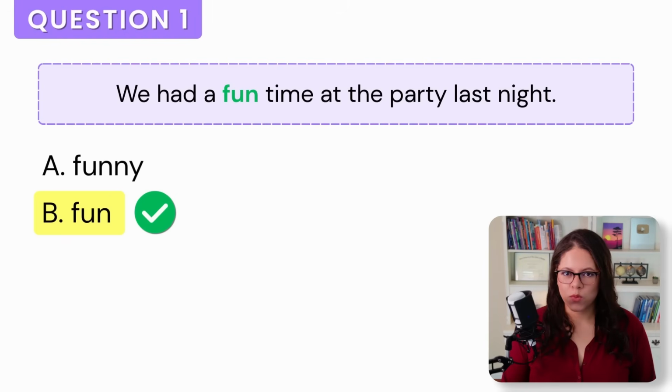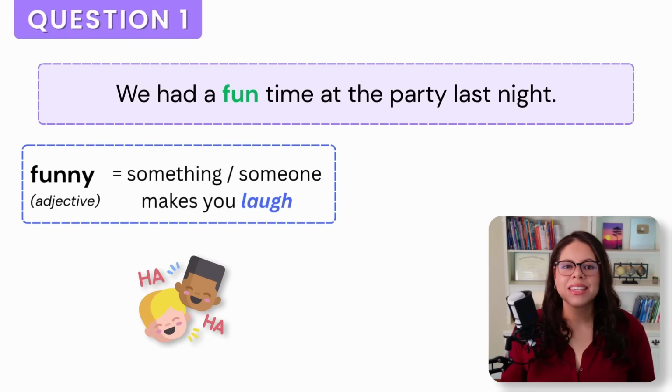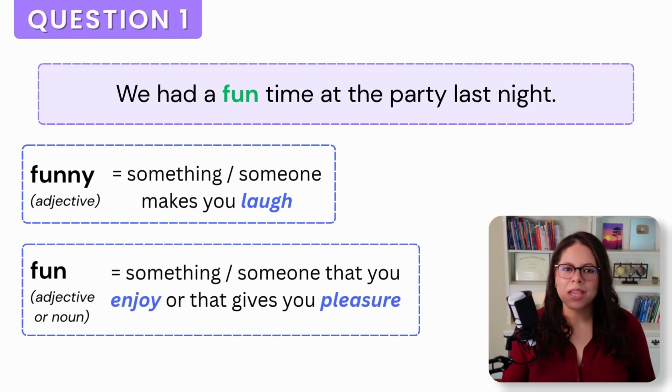The most common way that we use funny is to describe something or someone that makes you laugh, like a joke or a comedian. It's about comedy, humor. Fun describes an experience, an activity, or sometimes a person that you enjoy or that gives you pleasure.